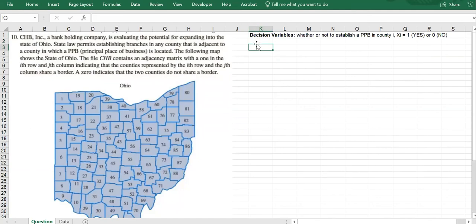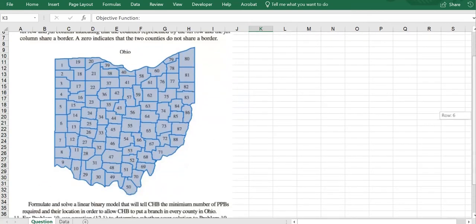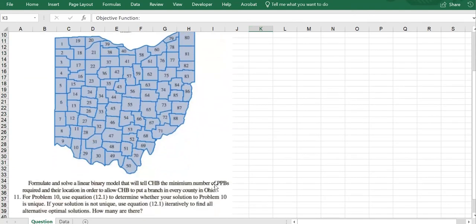All right, next, the objective function. In this question, they want to cover the whole state, but their objective is to find the minimum number of PPBs required in order to be able to put a branch in every county.